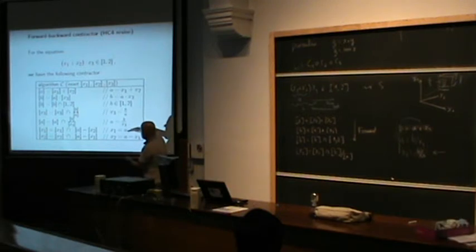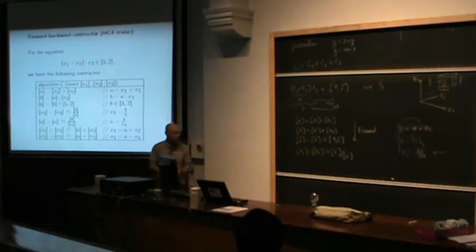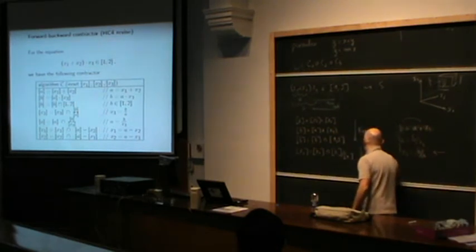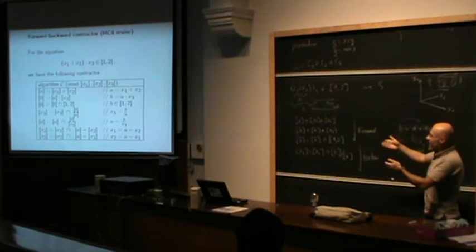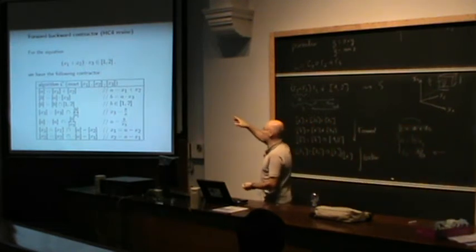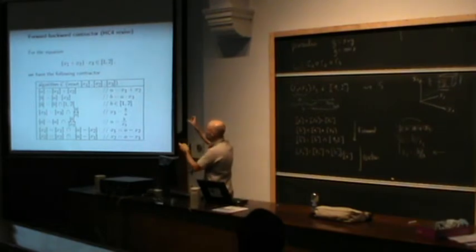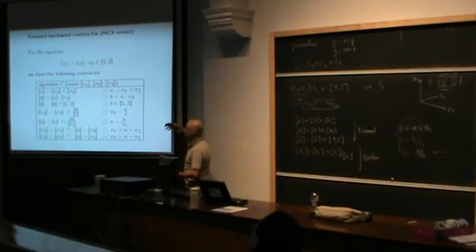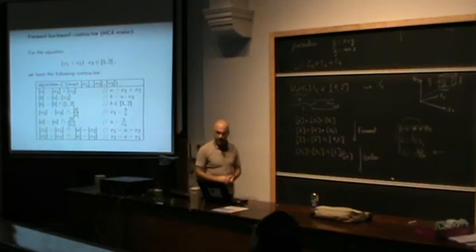So these parts correspond to the backward propagation. Forward, backward. If I apply the forward-backward contractor, because x1, x2, x3 occur only once in the expression, I will obtain, in this particular case, the optimal contractor, which is not always the case, but the contractor will be convergent, monotonic, and so on.